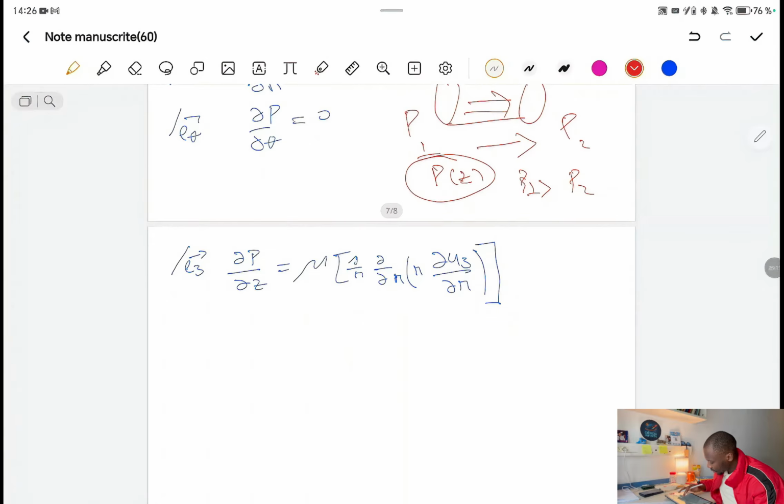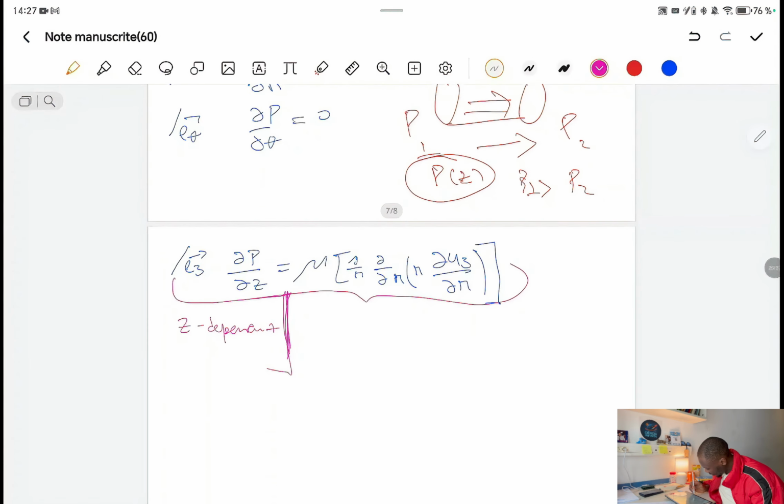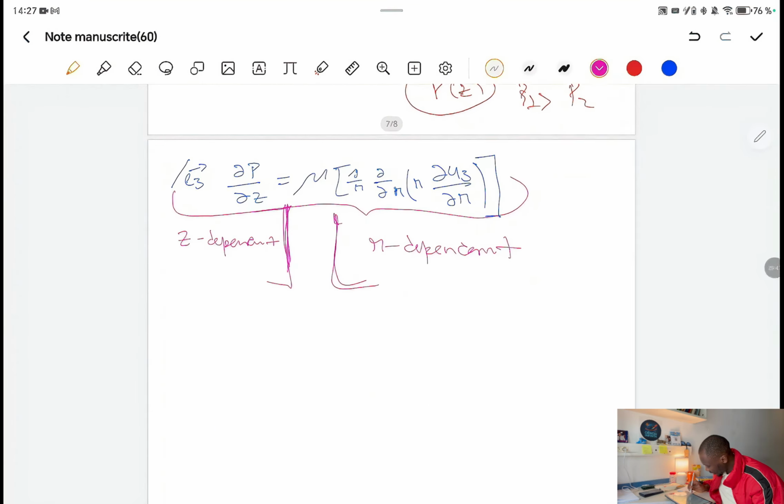So if you look at the z direction expression here, on the left hand side here is z dependent, and here is r dependent. It means that for the pressure, all this term on the right hand side is constant, and for the speed, all this term on the left hand side is a constant.